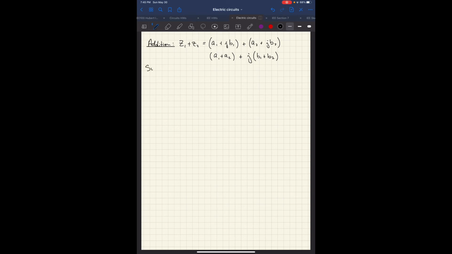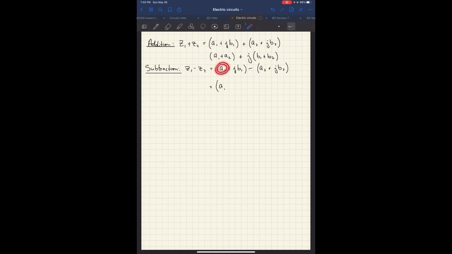Much like addition, subtraction is going to be subtracting the real components and then subtracting the imaginary components, right? So basically, we have the same thing over here, except I have to just replace the sign with a minus, right? So I have here z1, and now I have minus z2, right? So the solution is going to be the real components.